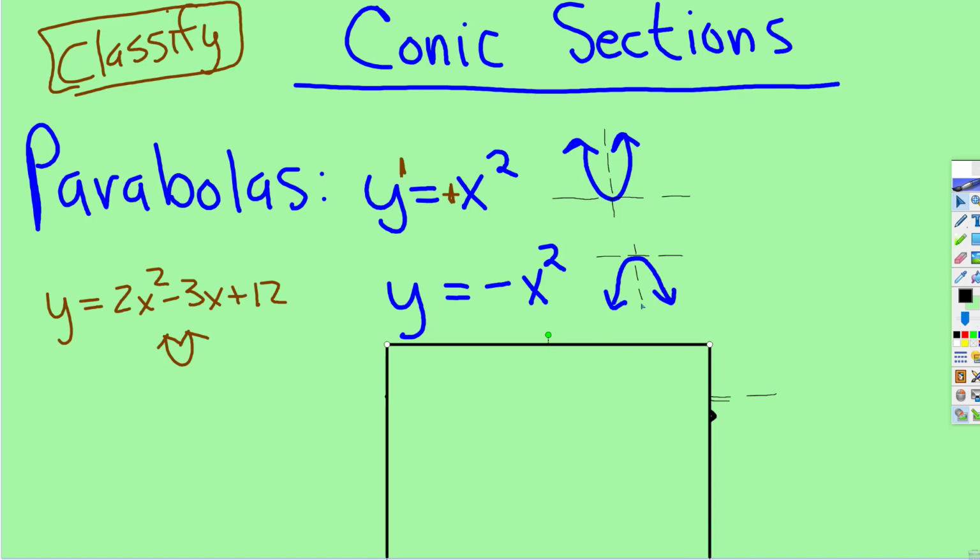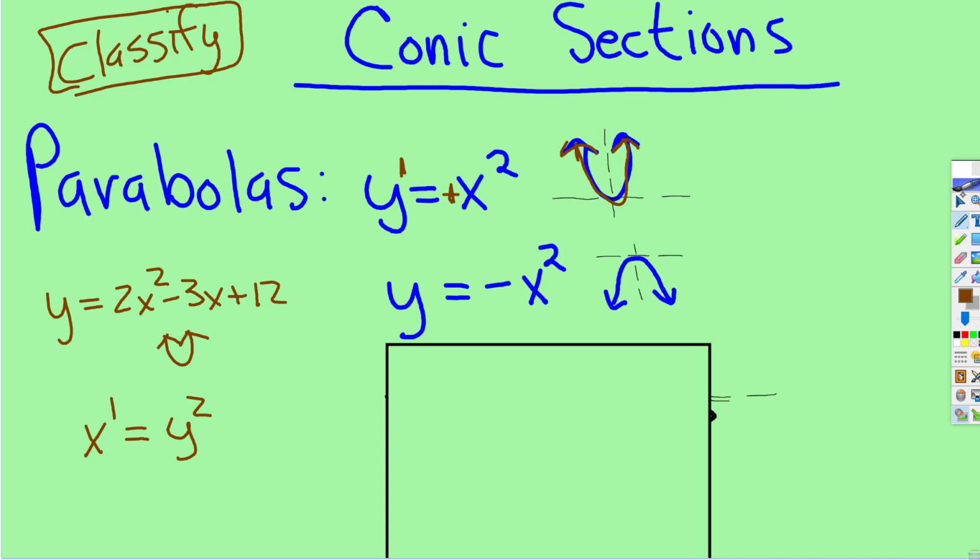What some of you haven't had to deal with yet is when x is to the first power and it is equal to y squared. Well, if y is to the first power, notice the parabola is opening up towards the y-axis.